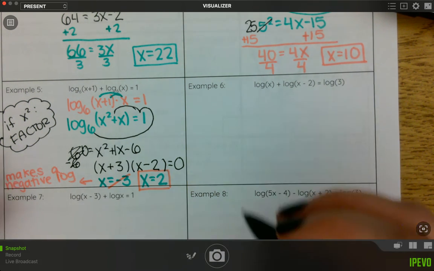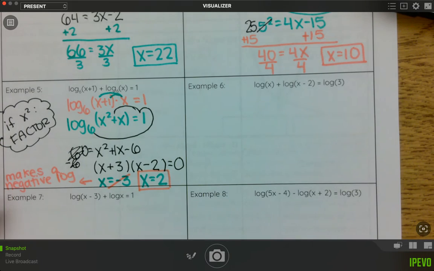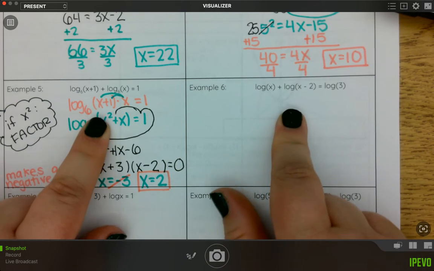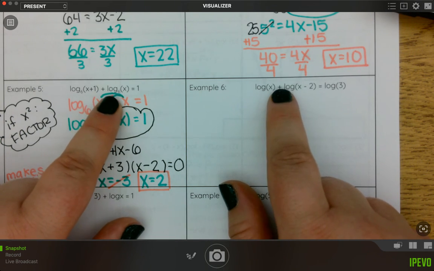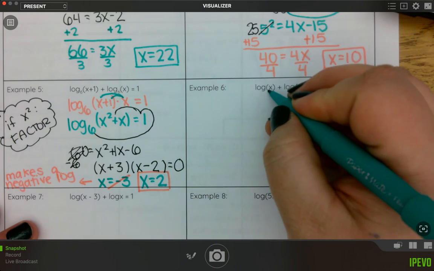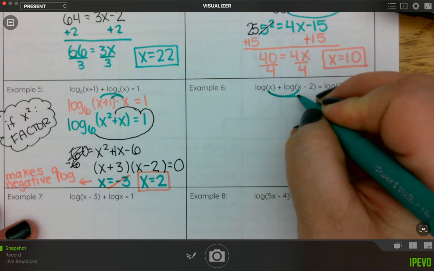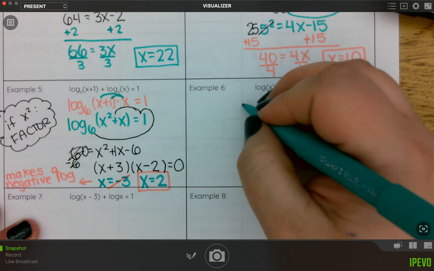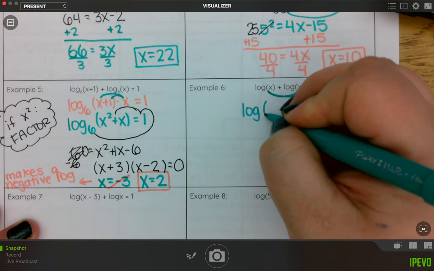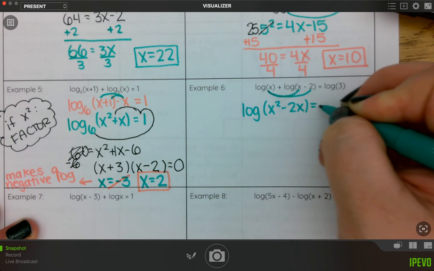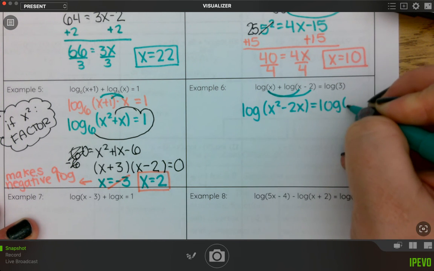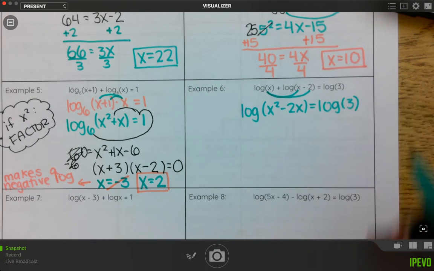Continuing on, I am going to make one slight difference on this one. They are set up very similarly, where we need to multiply these together because they're being added. So what I'm going to do is multiply x times x and x times negative 2. That's going to make x squared minus 2x. And then I'm not going to change anything about the right side just yet.